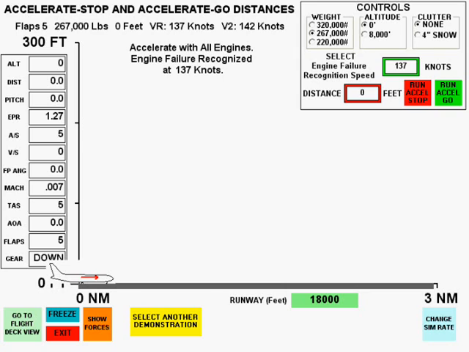Next, let's look at the opposite extreme, an engine failure at VR. The following simulations are done at 8 times the normal speed, since the final distance is our primary interest.